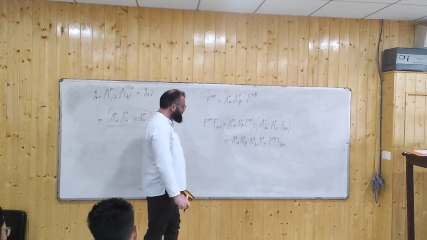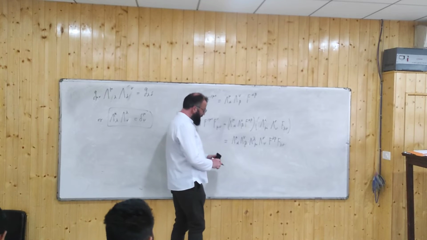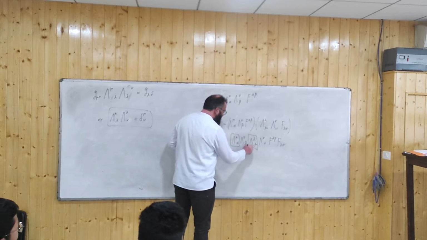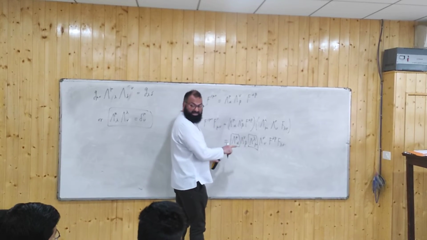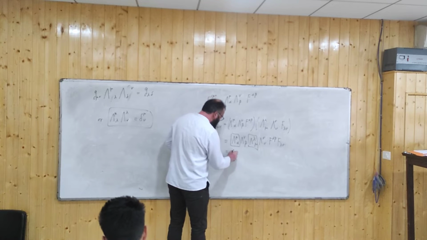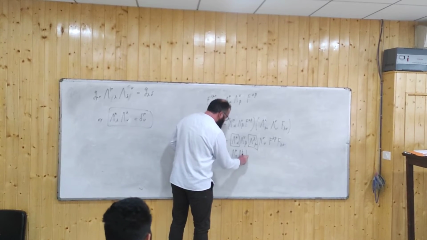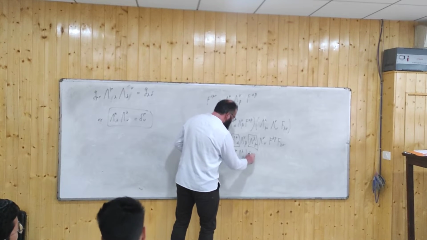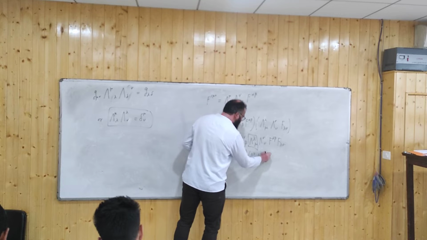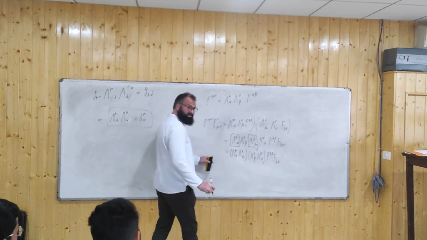Clear? Now let's look at which terms have the indices contracted. Look at this term and this term. What do they have? Mu is contracted, is it? So you have lambda mu alpha, lambda nu beta, lambda sigma nu, f alpha beta, f lambda sigma. Clear?